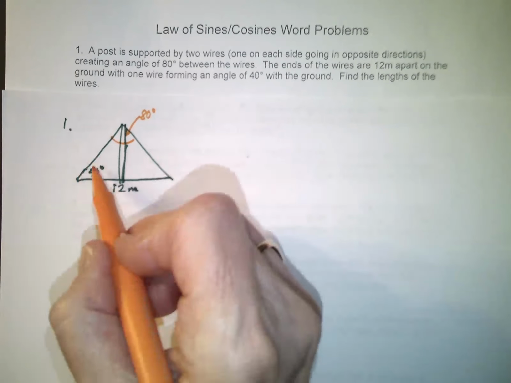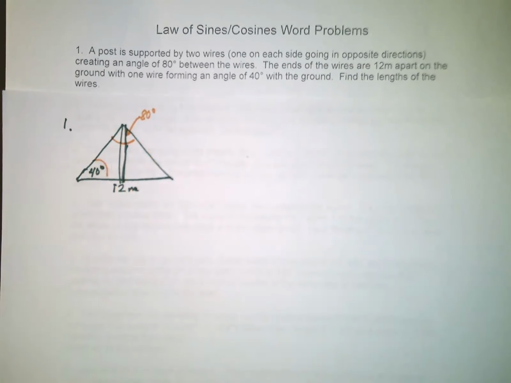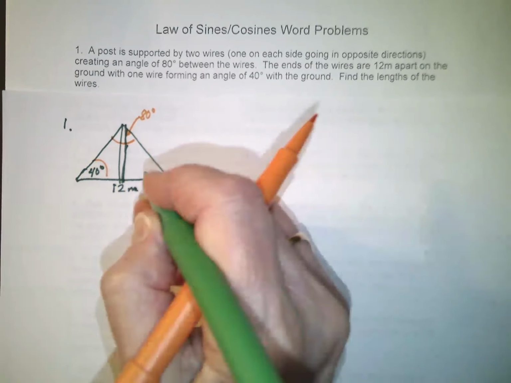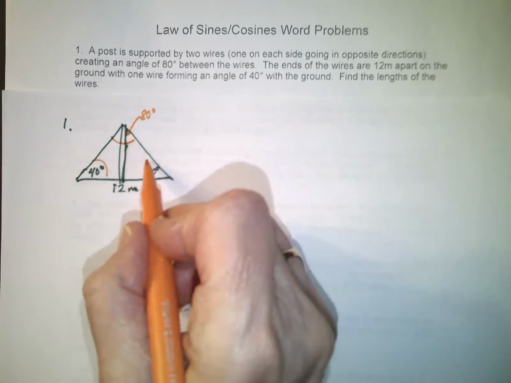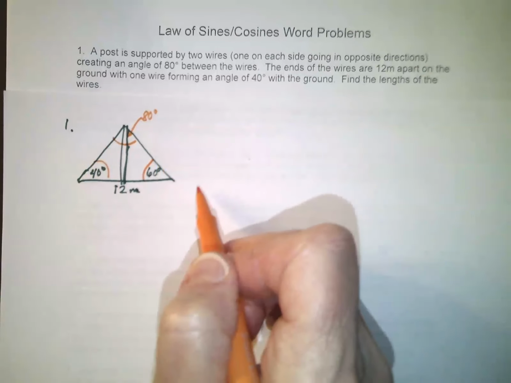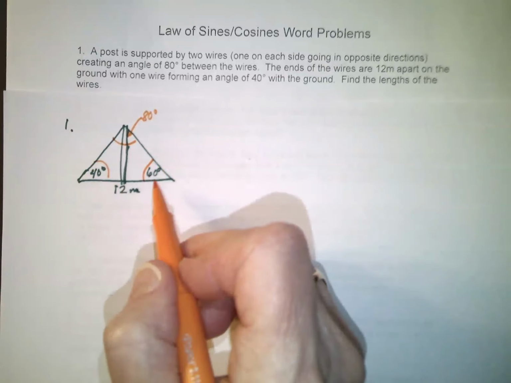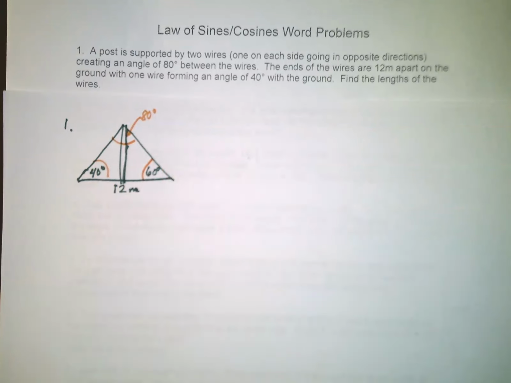Well, we know that this angle's 40. We know that this angle's 80. So this has got to be here a 60-degree angle. Which means these 2 wires are not the same length because they have 2 different angles down here. So we can't just cut 12 meters in half, and we're going to have to use the law of sines or law of cosines.